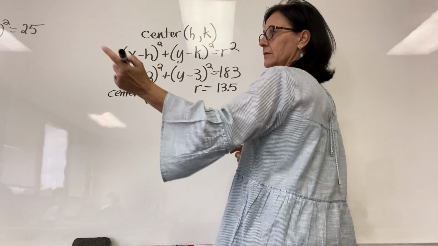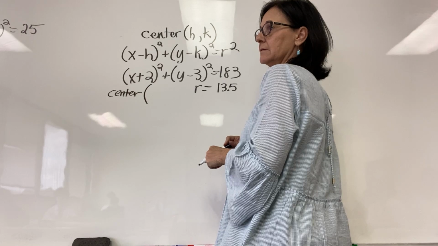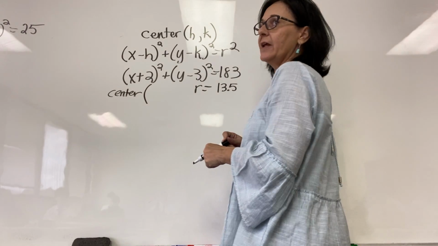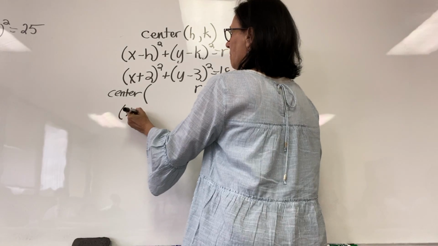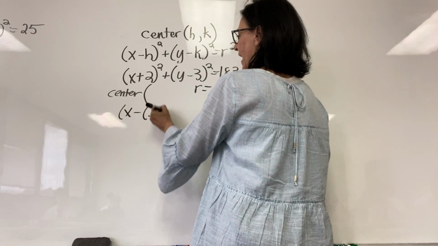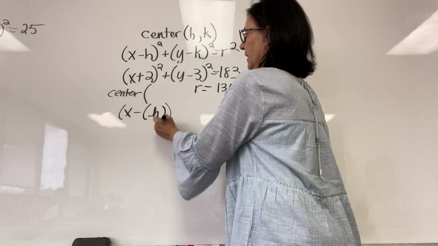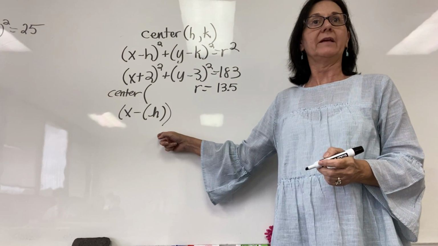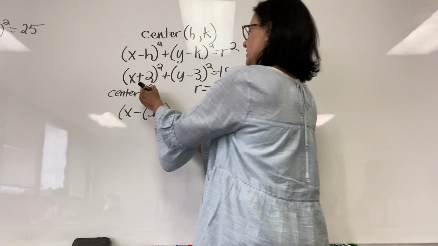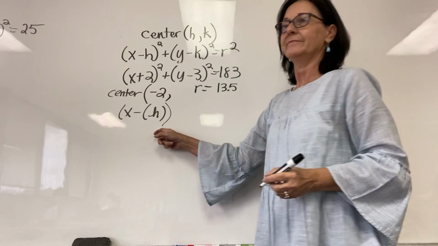Where's my center? 2, -3. It's not 2, -3. It needs to be x minus the value of h. In order for it to be x plus 2, what does h have to be? Negative. So it's -2.